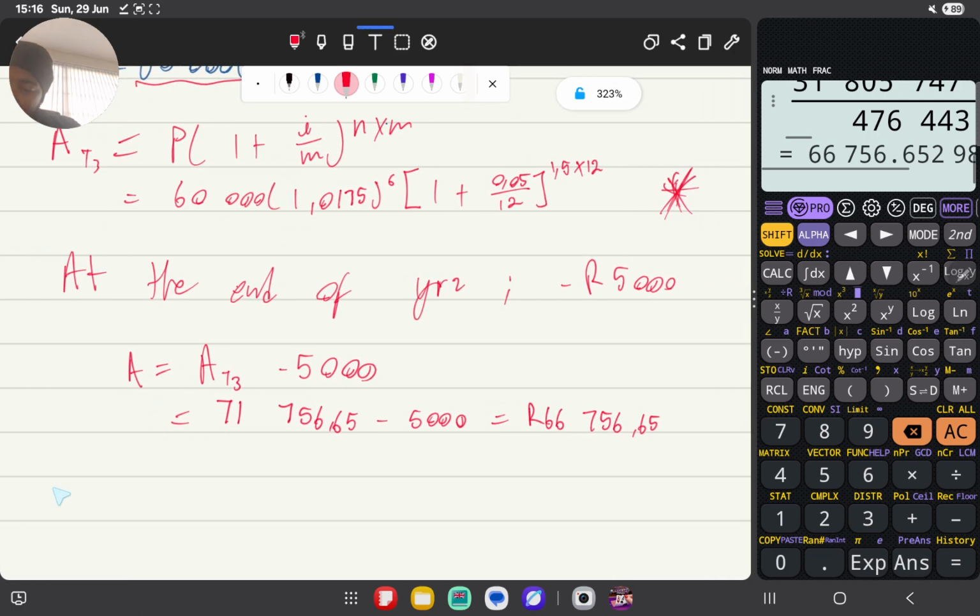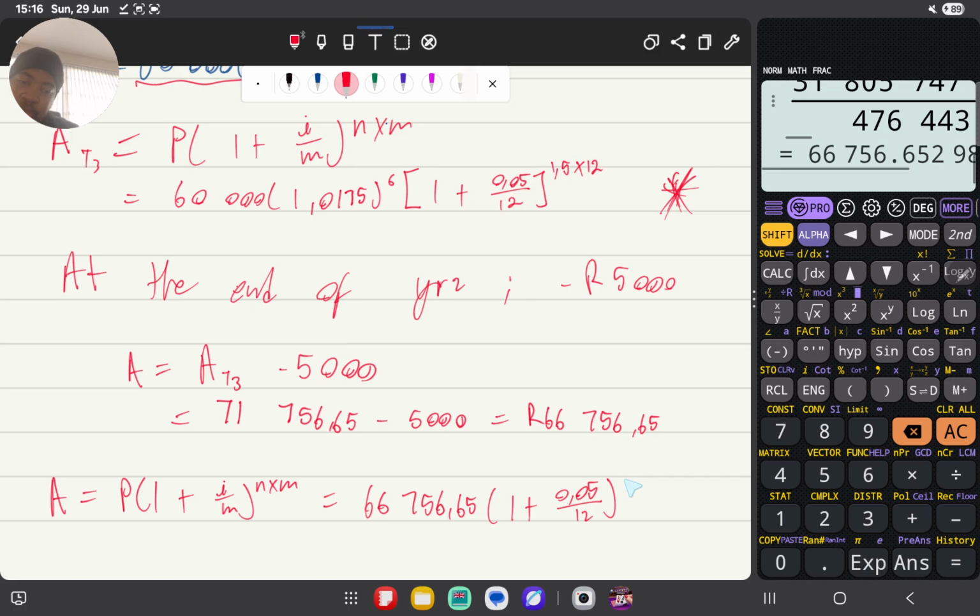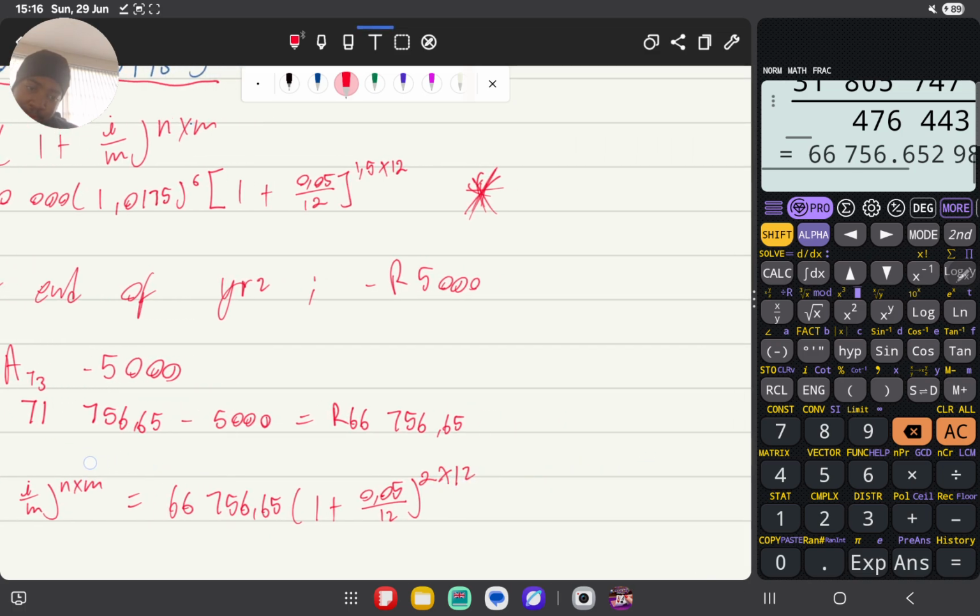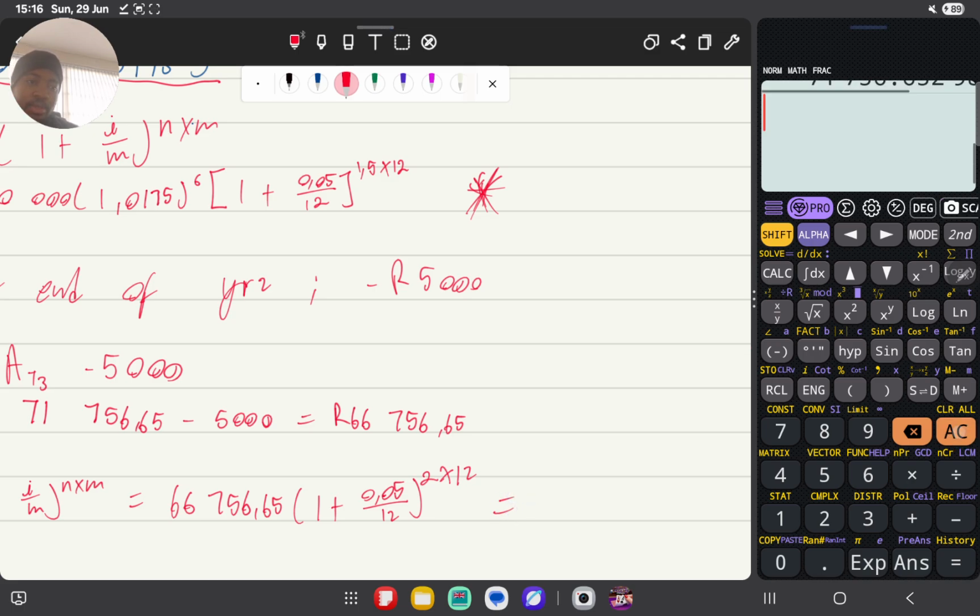So it's A equals, substitution, 66,757.65, 5%, still 12, because it's still compounded monthly. Then now we're gonna put that in a calculator.